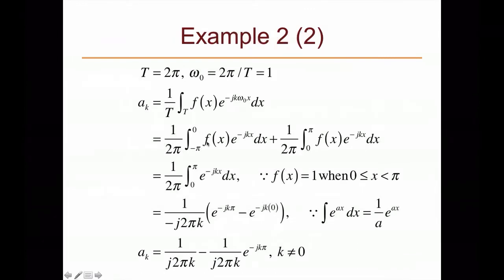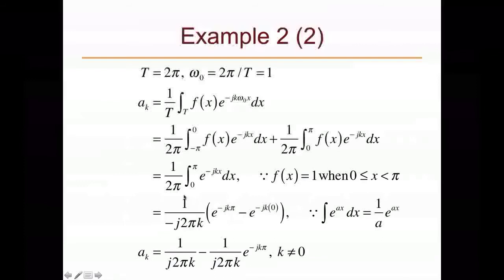Because the value of f(x) from minus pi to 0 is 0, we can discard this term and consider only the right hand side term, where we can substitute the value of f(x) as 1. We then have a_k equals 1 over 2 pi integrated from 0 to pi of e^(minus jkx) dx, and the integral of e^(ax) is actually 1 over a e^(ax).